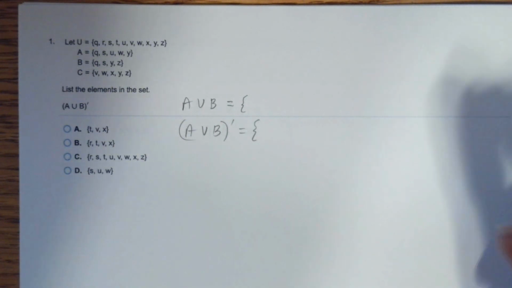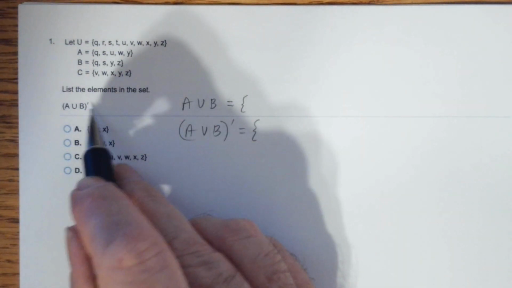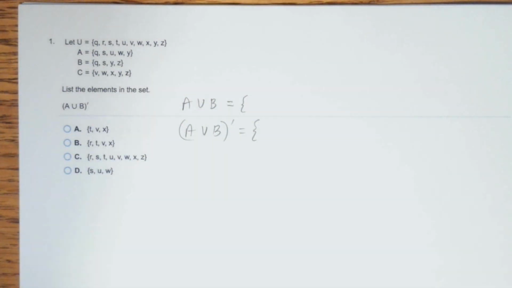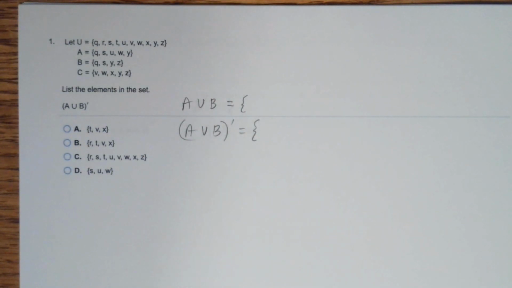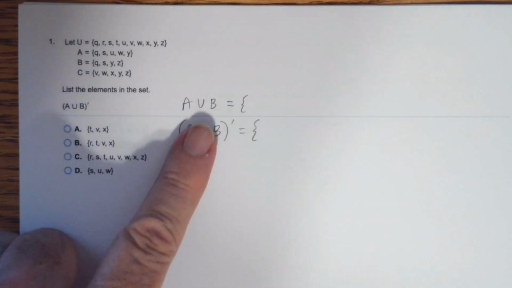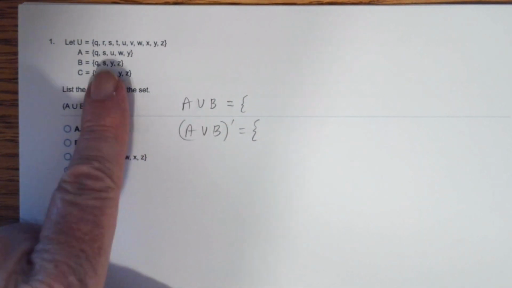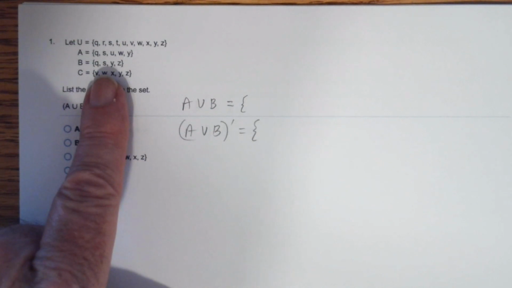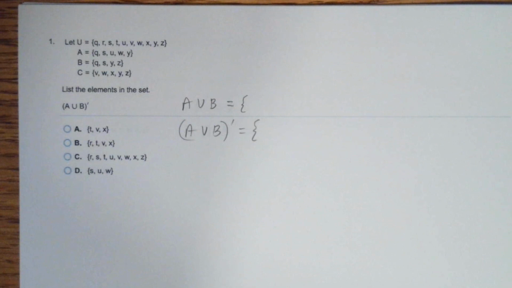So here we're supposed to find the complement of A union B. If you think back to the order of operations, we always did things inside of parentheses first. So that's what we want to do here first, is find A union B. Well, to find A union B, you're basically looking for the elements that are in set A, or set B, or both.